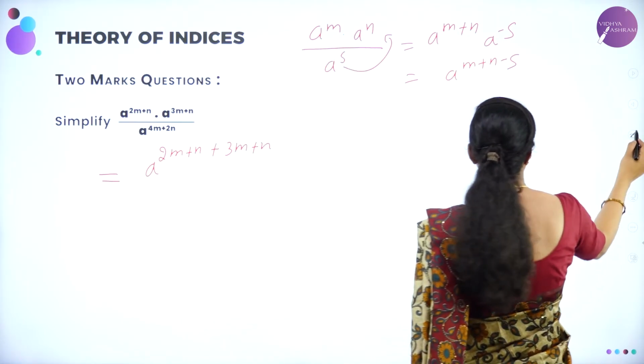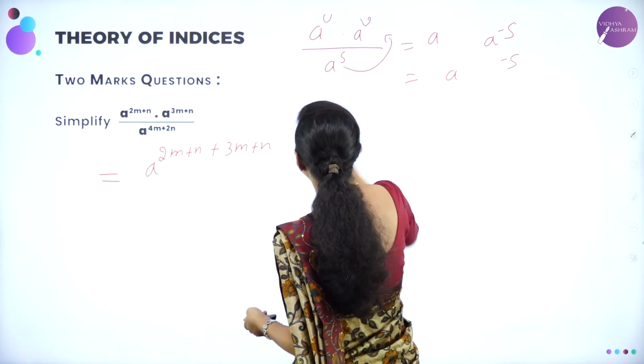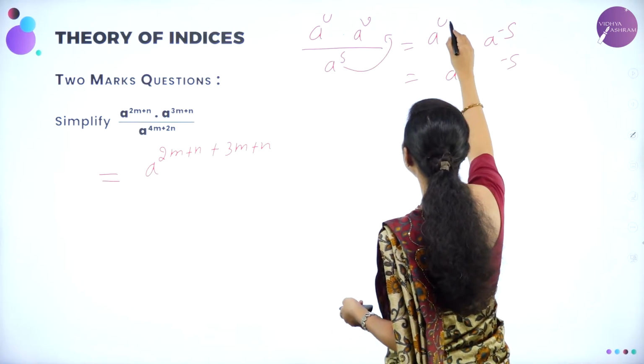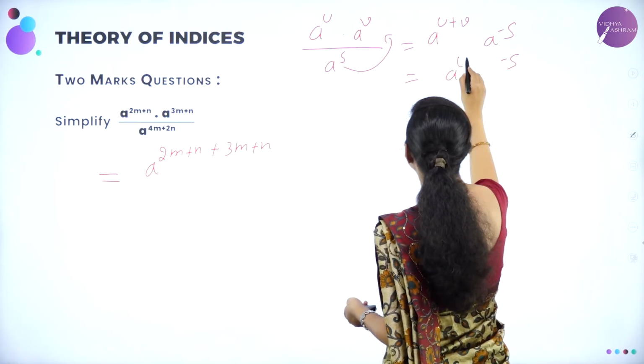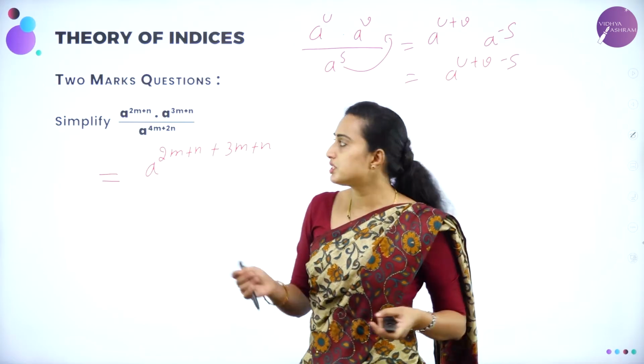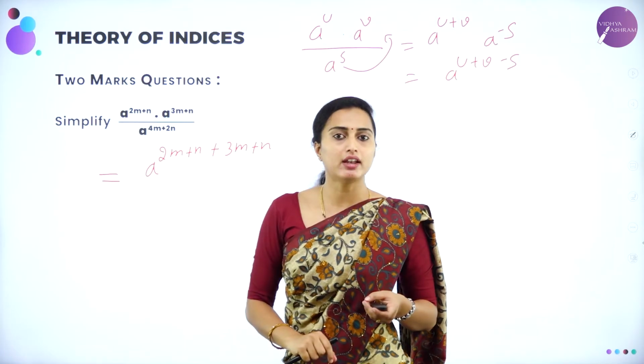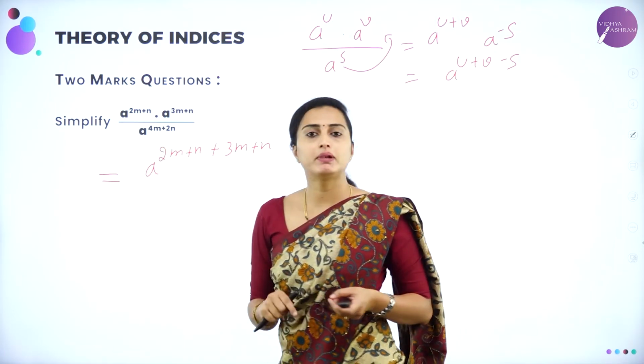I can write it as a power u, a power v, that is a power u plus v, this is u plus v minus s. So u replaces 2m plus n, v replaces 3m plus n, s replaces 4m plus 2n.